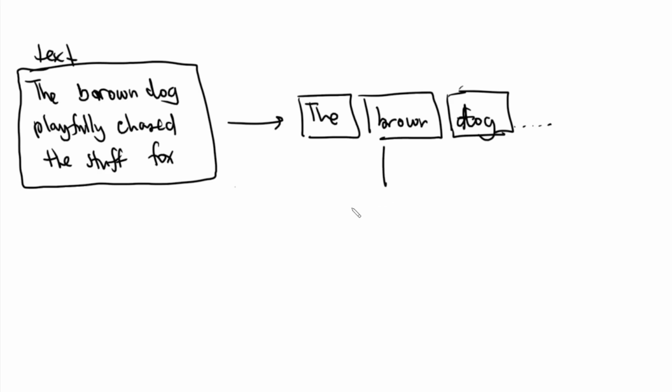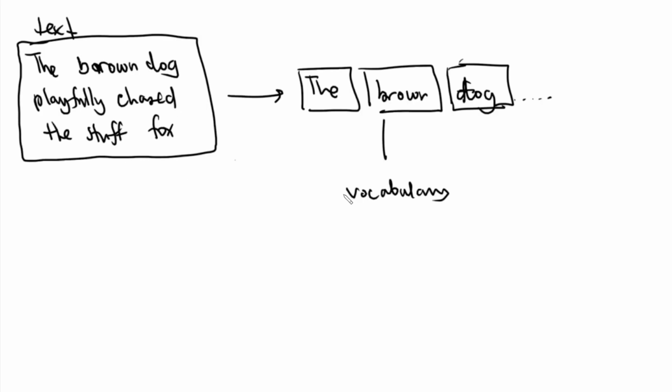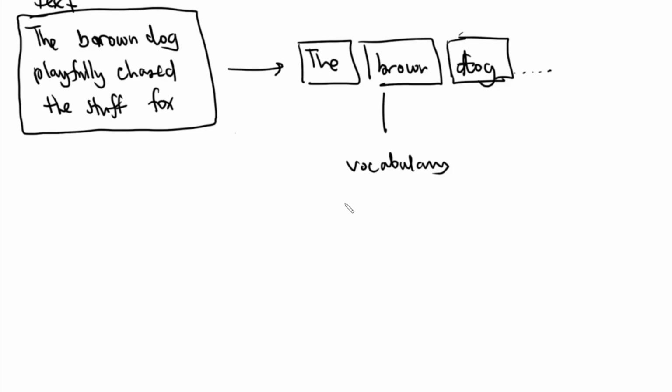And when we apply our vocabulary, so this is the vocabulary that we had. Brown was 0, dog was 1, and fox was 2. But our vocabulary was composed of the quick brown fox jumps over the lazy dog. That's what we had.